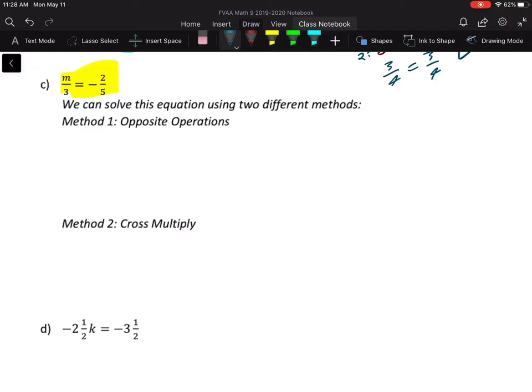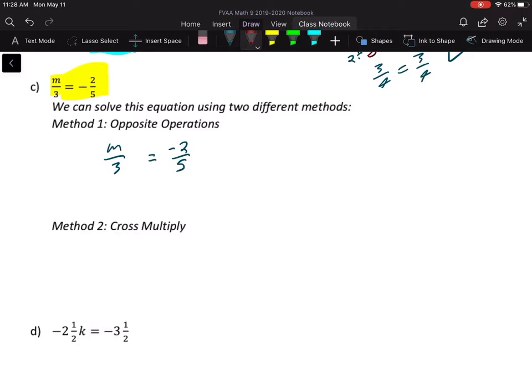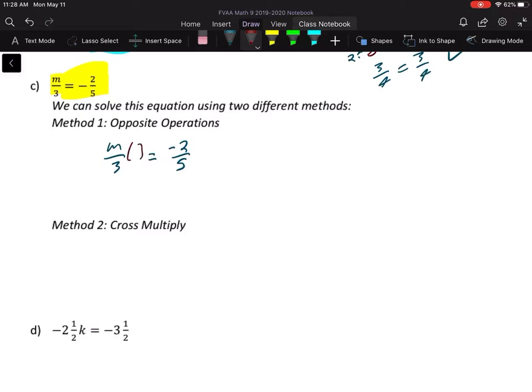Okay, so if I have m over 3 is equal to negative 2 over 5, how am I going to get that? I need m by itself, so m divided by 3, I need that 3 to equal a 1. So I'm going to multiply both sides by 3. So m times 3 divided by 3 is just equal to m because the 3's cancel out.